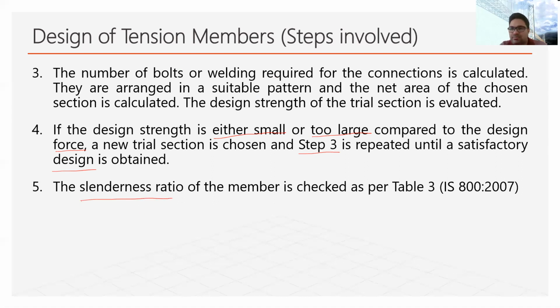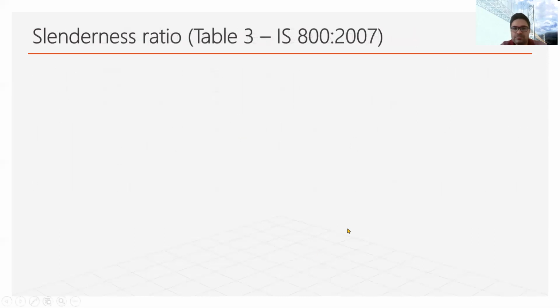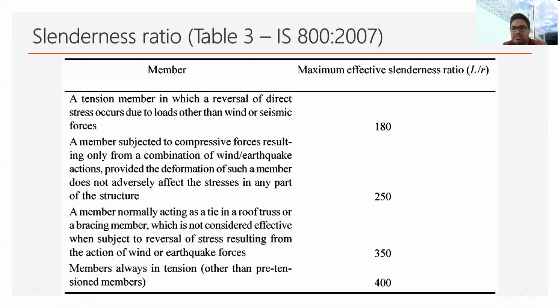In the IS code, Table 3 gives some permissible limits of the slenderness ratio. You can see the table, and slenderness ratio is called L by R, where L is the effective length of the member, and R is the minimum radius of gyration. We will see that when we solve the problem.